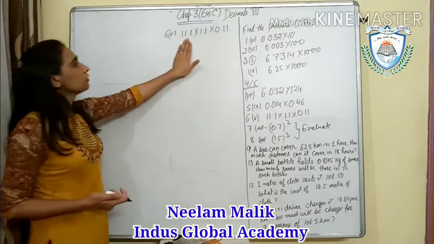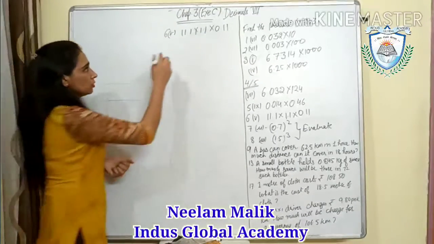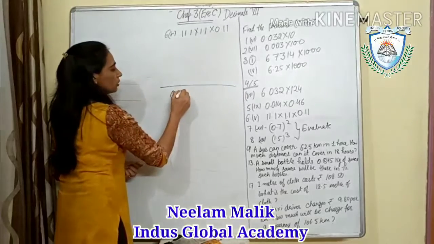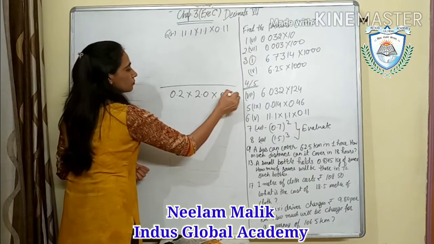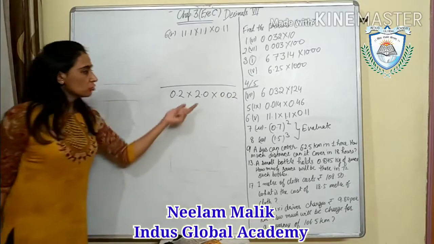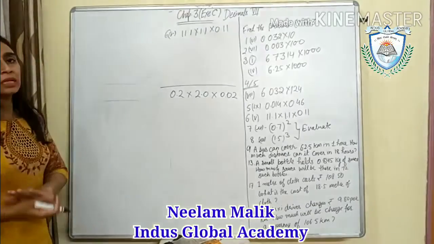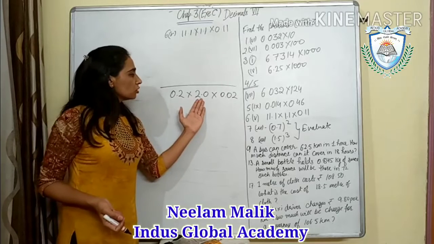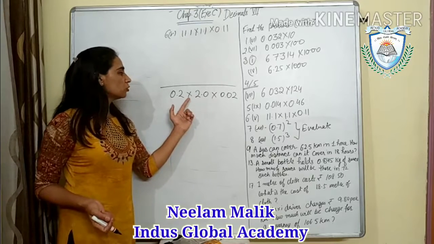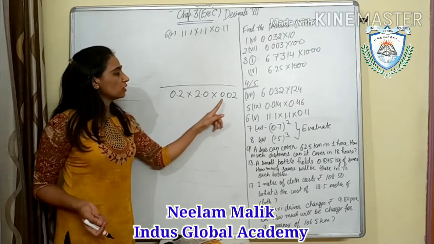Okay, if the digits are very small, suppose it is given like this, then in that case you will not show your multiplication because this is a very small number. This is 2, this is also 2, this is 0.2, this is 2.0 and this is 0.0.